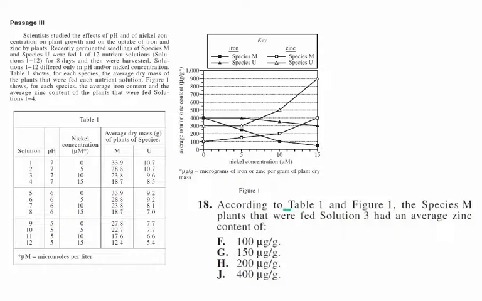According to table 1 and figure 1, the species M plants that were fed solution 3 had an average zinc content of. So if we go to table 1 and find the solution 3 plant right here, what do we have that's similar between both tables is nickel concentration.